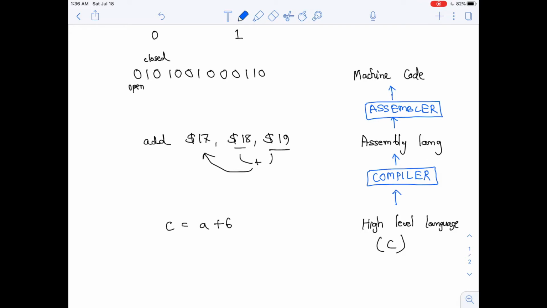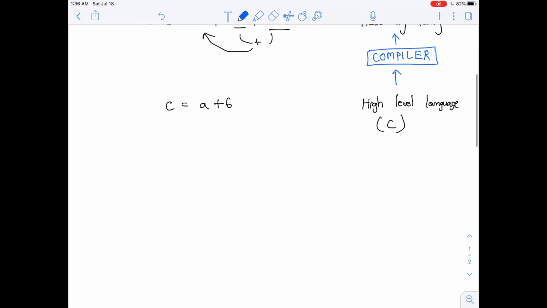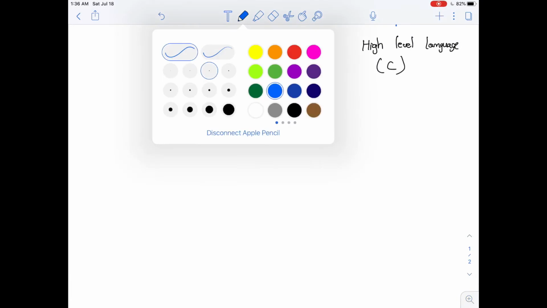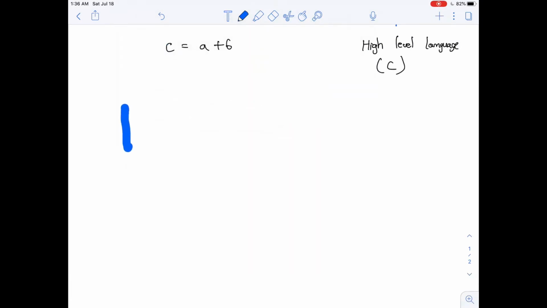Starting from today, we're going to learn an assembly language known as MIPS.